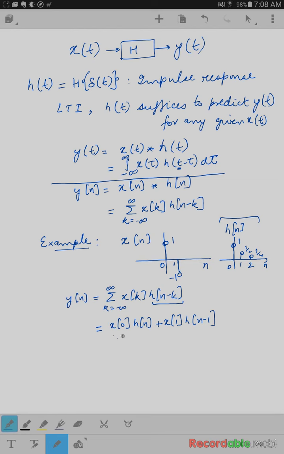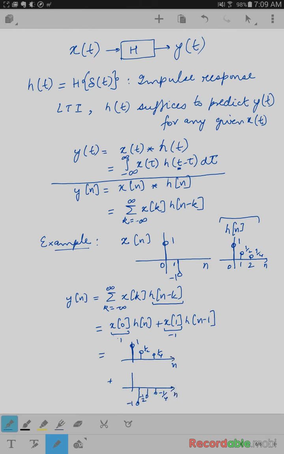If you want to plot this, it is equal to a summation of two signals. x of 0 is just 1, x of 1 is -1, so you get 1 times h of n, which is 1, half, and 1/4, and you add to it another signal which is shifted by 1, so -1 times h of n minus 1, which is -1, -half, -1/4.